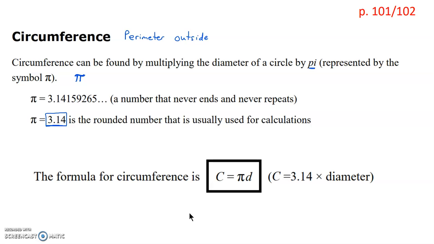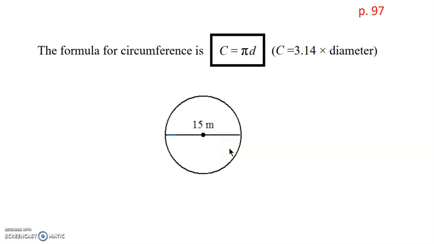So when we want to calculate the perimeter or the circumference, we're going to take pi, 3.14, and multiply that by the diameter, whatever that diameter is. In this example, all the way across the circle, the diameter of the circle is 15 meters.